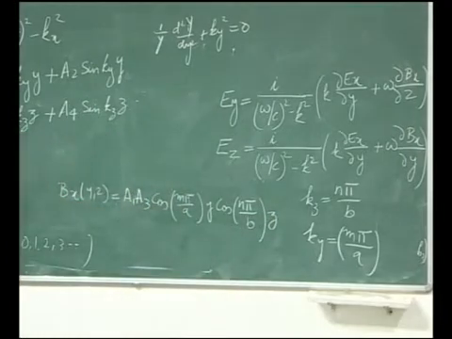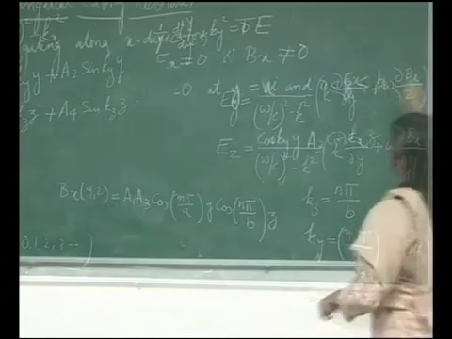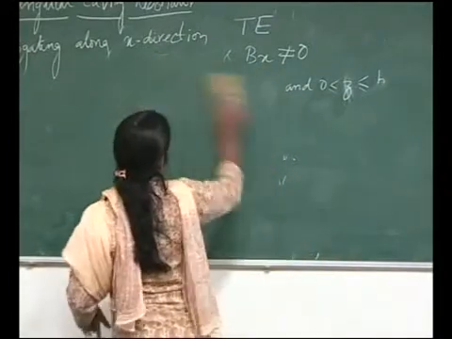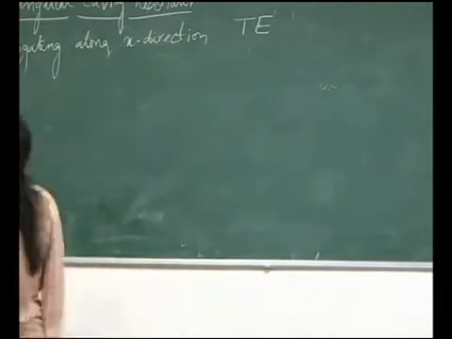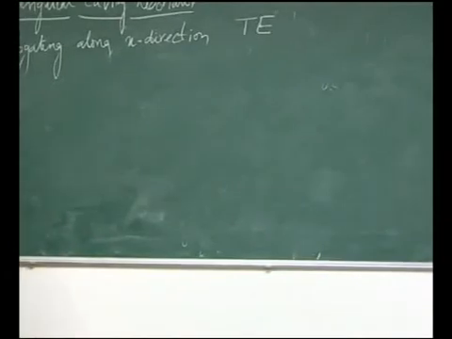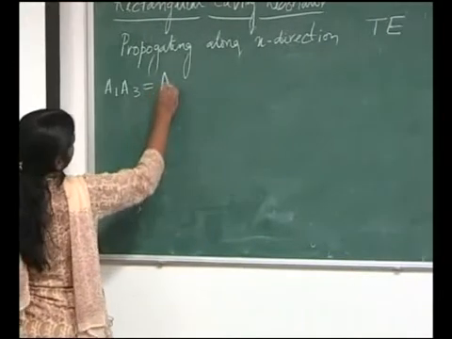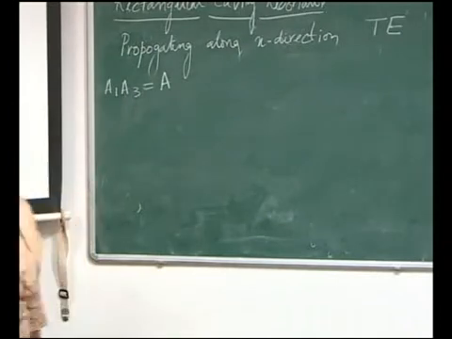Okay, this is my Bx, this is the solution. But this is a travelling wave solution, this is Bx. So now we will go back. So I now call a1 a3 as some constant a. I call this constant a.